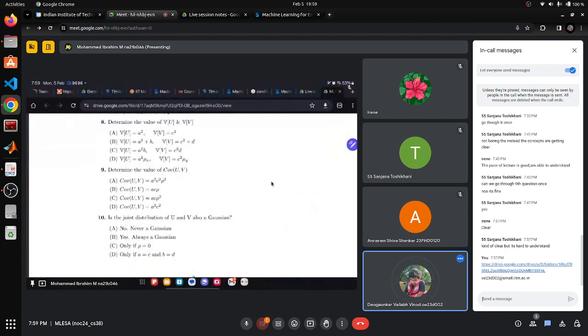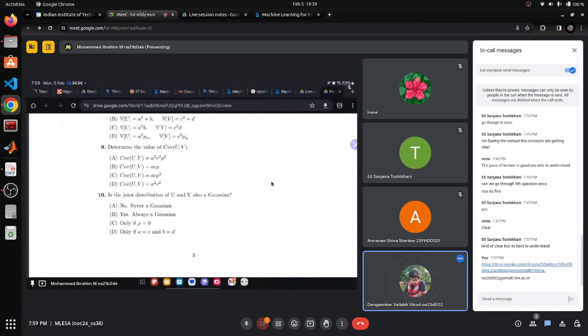So is the joint distribution of u comma v also Gaussian? Yeah, it also turns out to be a Gaussian, and there is no condition of a C, B, D or rho being anything. Since x and y were Gaussian distributed, the joint distribution of u and v is also a Gaussian.